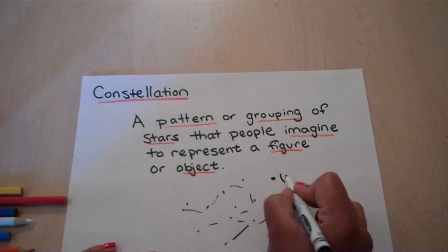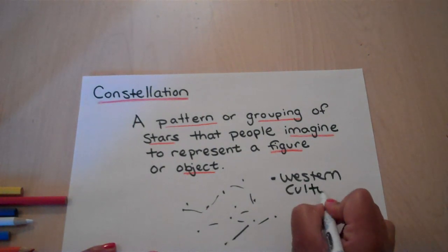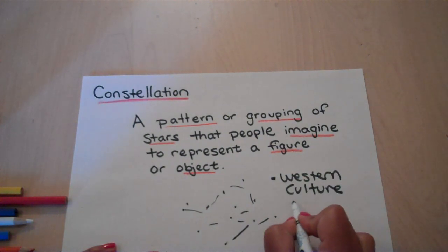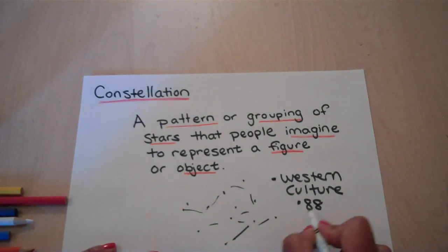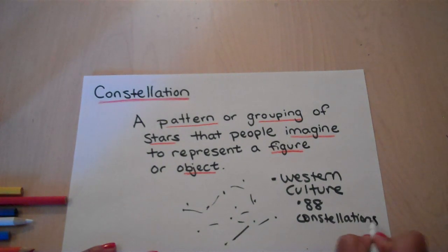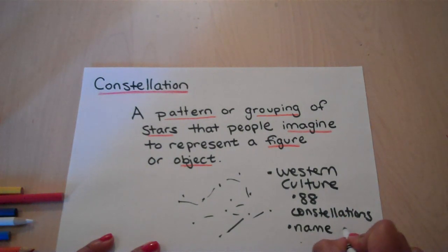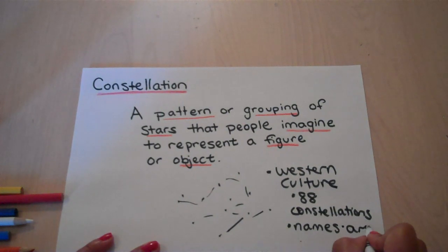In the Western culture, we recognize 88 constellations. Most of the names are from Greece, the Greeks.